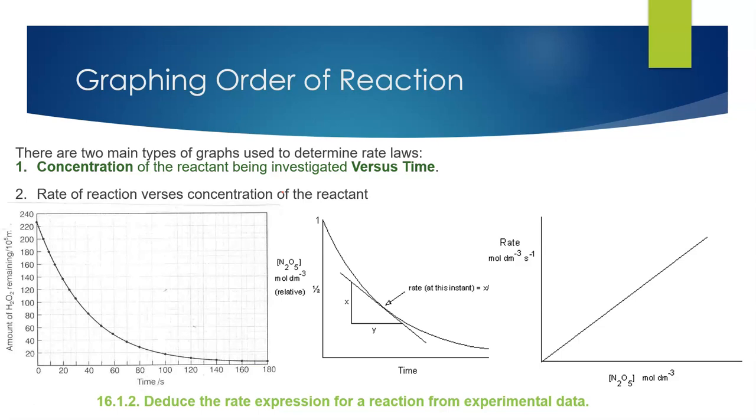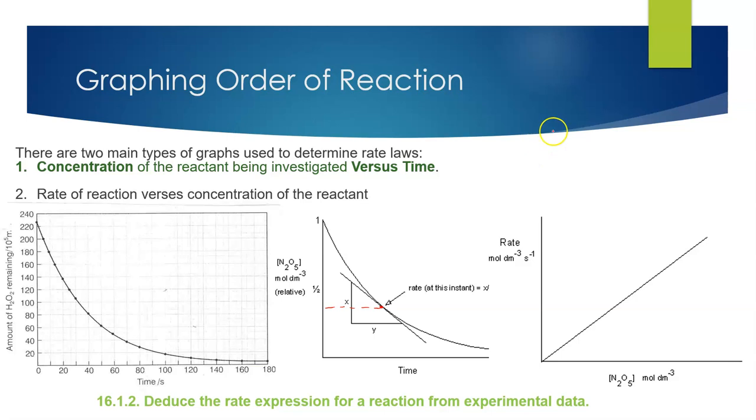If we have a look here, we have the concentration of N2O5 versus time, and this is decreasing over time. If we then calculate the rate by taking a tangent at various instants and plot that rate versus the concentration, so if we work out the instantaneous rate at this concentration and then plot that, the shape of the graph will tell us what order it is.